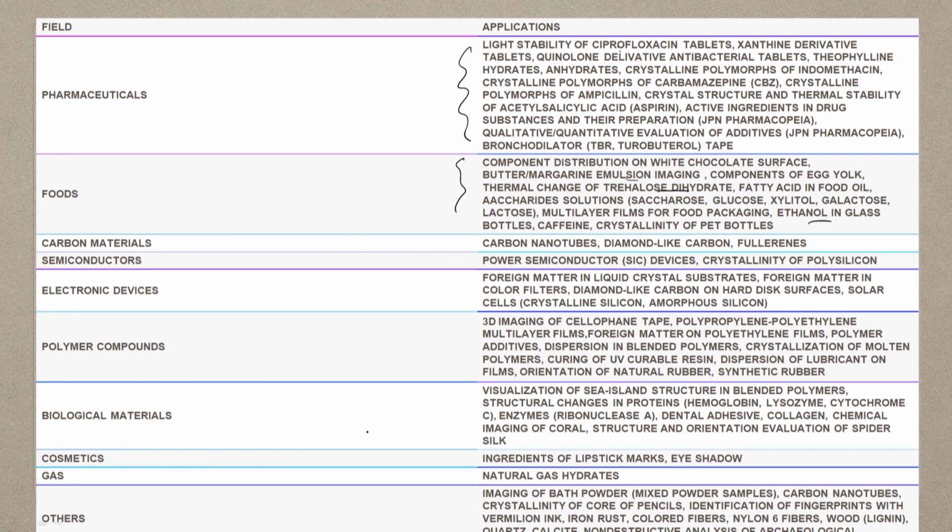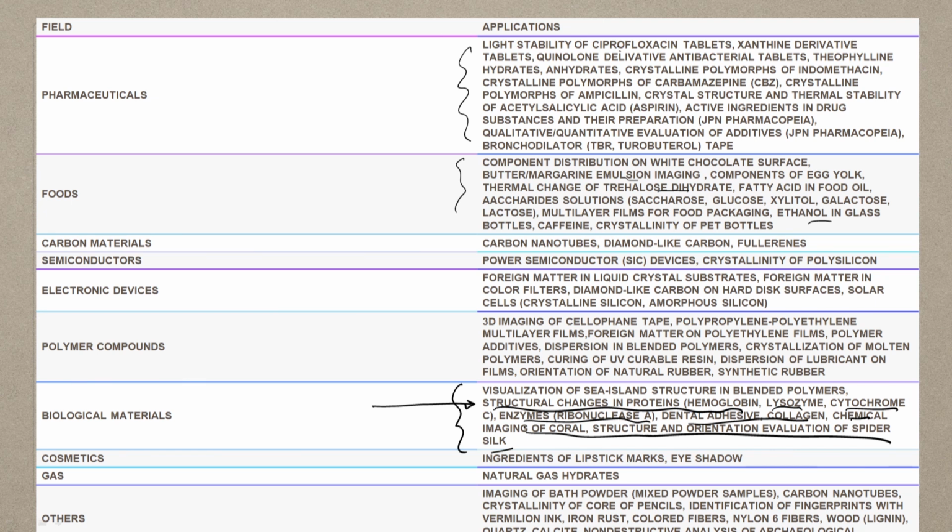Similarly, in biological materials, of important visualization is the island structure in blended polymers, and structural change in proteins, which is of extreme significance for us. Structural changes in proteins, hemoglobin, lysozyme, cytochrome C, the enzyme ribonuclease A, dental adhesion collagen, chemical imaging of coral structure, orientation and evaluation of spider silk.